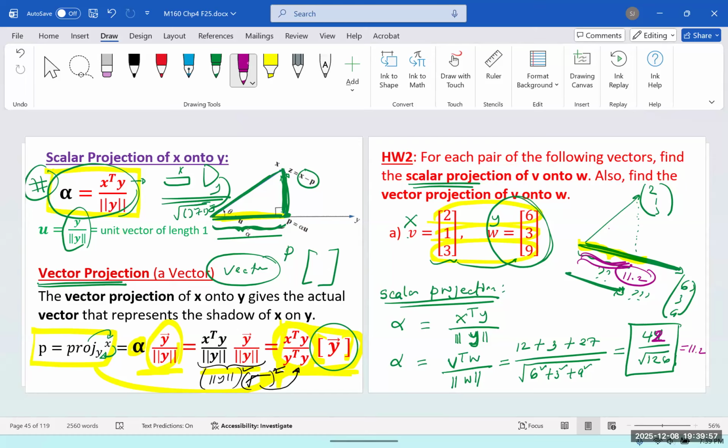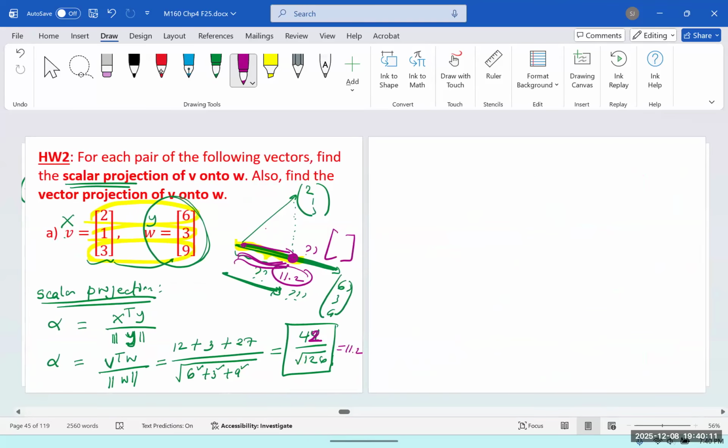Now we want to know what is this vector from 0, 0 to here. What is the location of this vector? So we go to vector projection. Vector projection we write using P. P means vector projection, which is also written as the projection of v onto w.